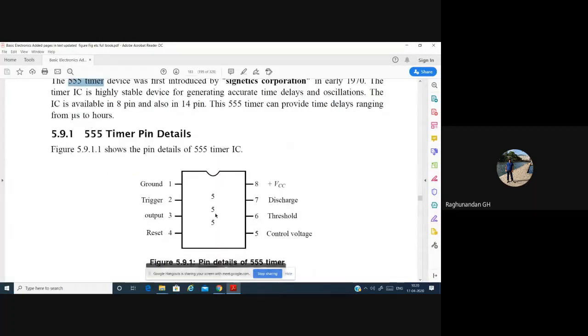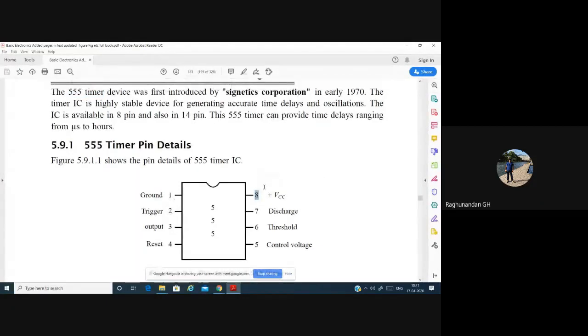Here this is the 8-pin IC. The notch indicates the beginning of the numbering. First one is ground, triggering, output, reset, control voltage, threshold, discharge, VCC. Ground and VCC are as usual, as we do in op amps, plus VCC and minus VEE.